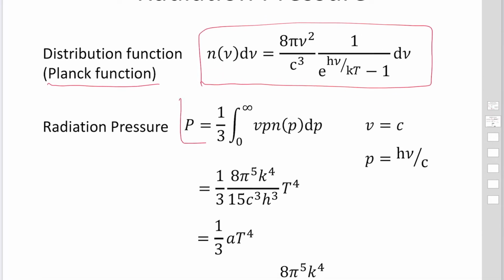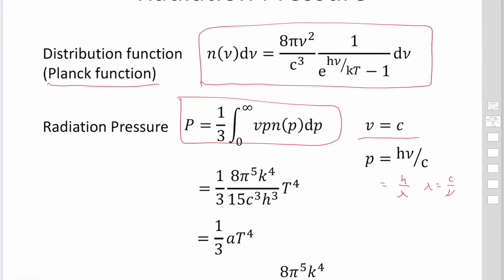The pressure equation is here, but in this, v is the velocity of the photon. We use v equal to c, because the speed of the photon is the speed of light. And the momentum is h over lambda, where lambda can be expressed as c over nu.